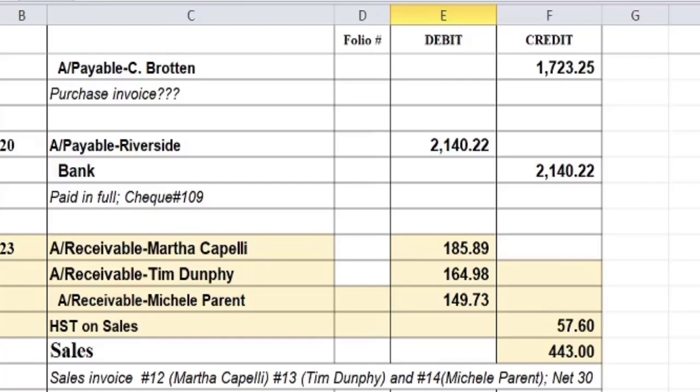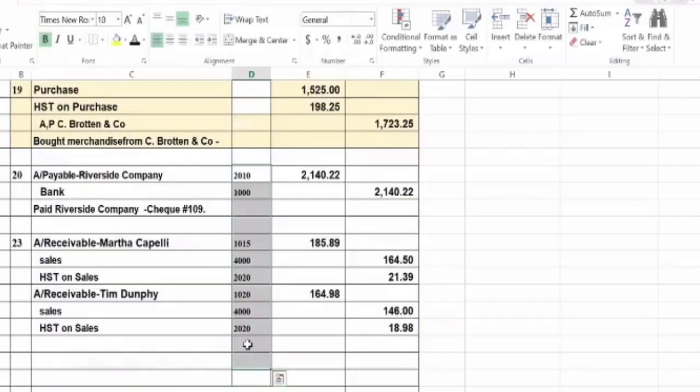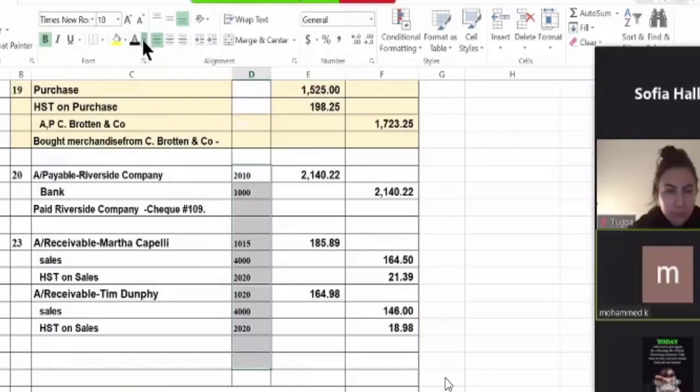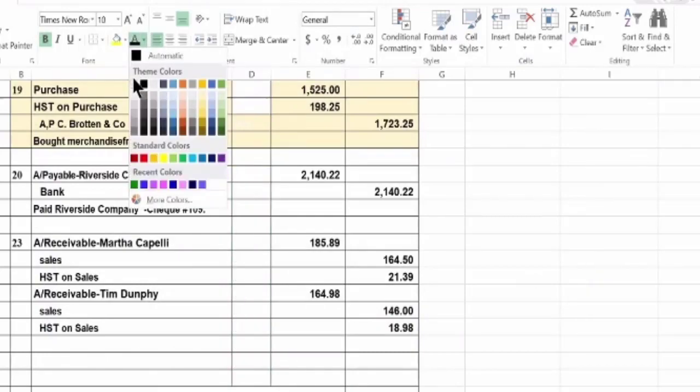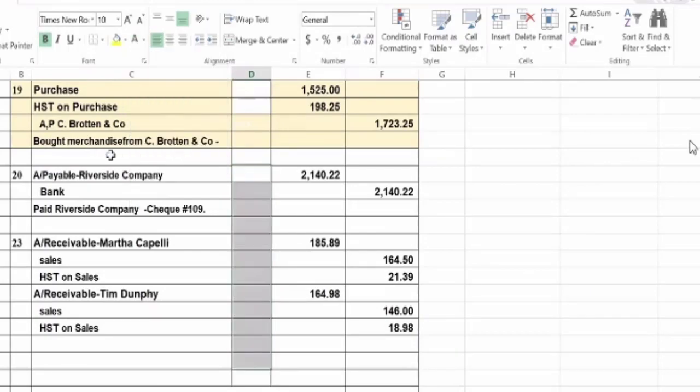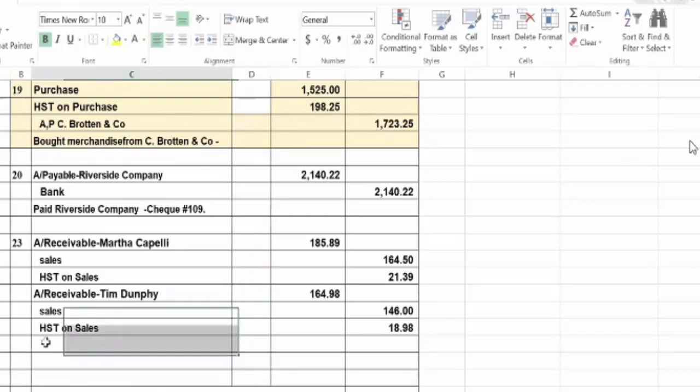Actually, I put them separately. Okay, you can do it together, it doesn't matter. When we are recording the ledger, you can do it also, it doesn't matter. You can do it compound. Because when we're doing a ledger entry, we're just going to transform HST in one column anyway, right? Yeah.